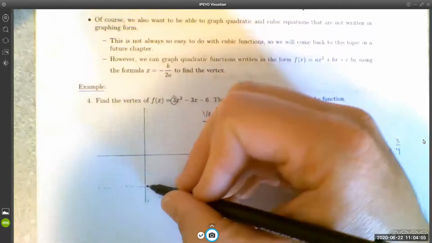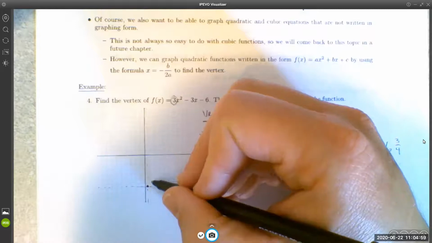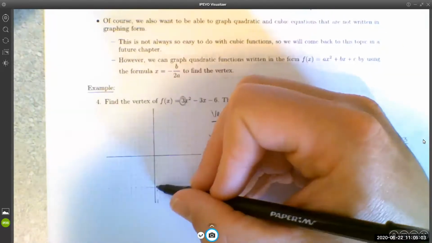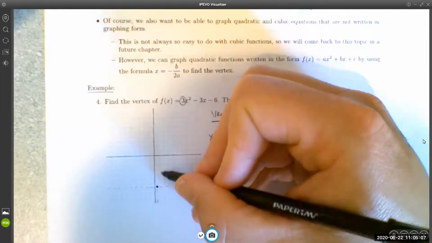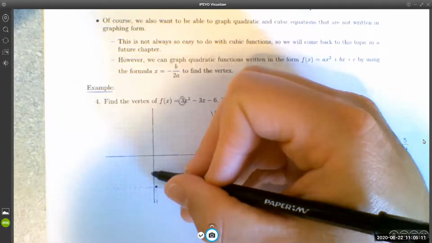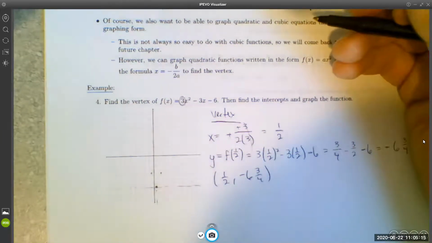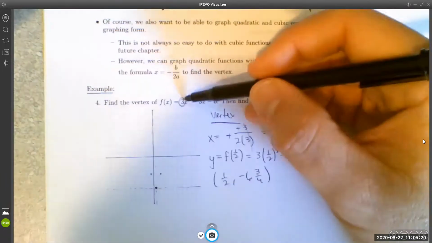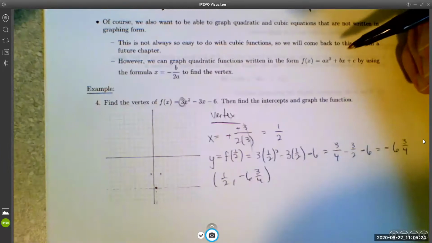You know that if you go over 1 on the parent function, you would go up 1. Now, since this has been scaled by a factor of 3, you're going to go up 3, right? So over 1, up 3. Same way in the other direction, over 1, up 3. If you go over 2, you're going to go up 4, usually, except that this has been scaled by a factor of 3, so you're actually going to go up 4 times 3 is 12.